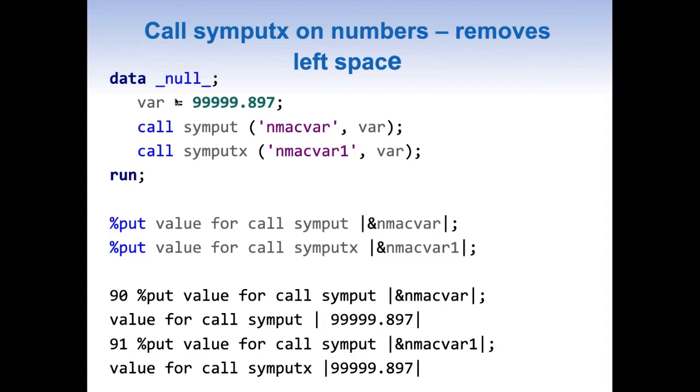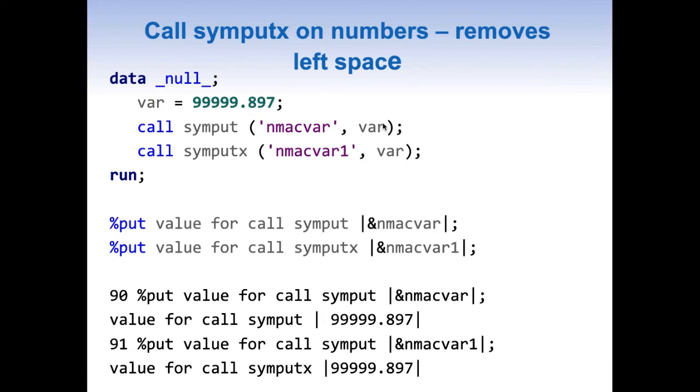In here everything is the same, but my variable value is a numeric value, and I am doing a CALL SYMPUT and CALL Symputx, wherein I am saying nmacvar and putting that into quotes, comma var, and for CALL Symputx I am saying nmacvar1 in quotes, comma var.